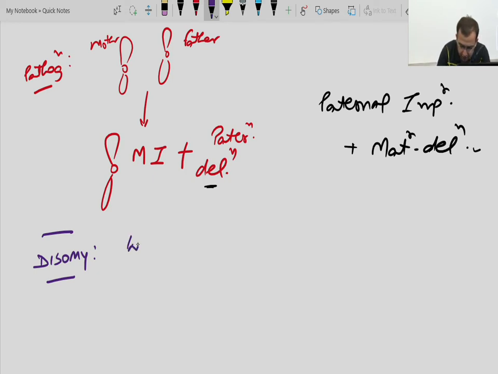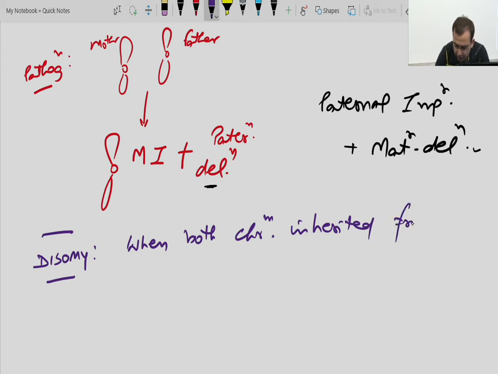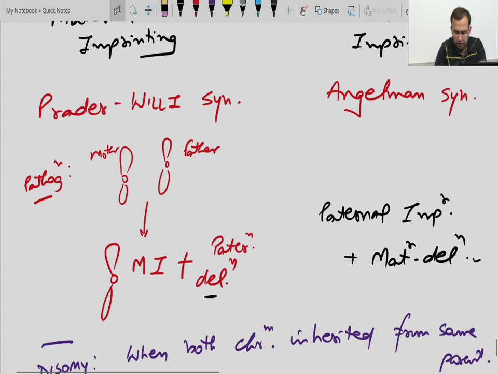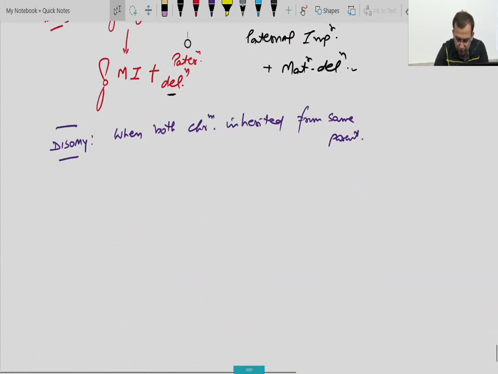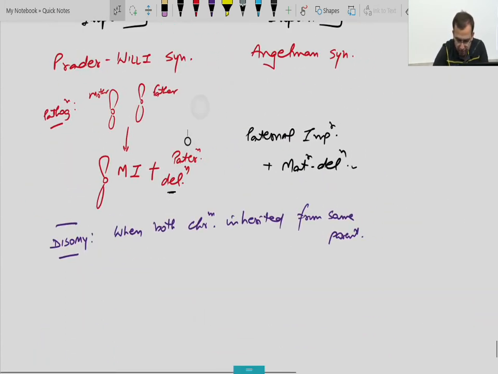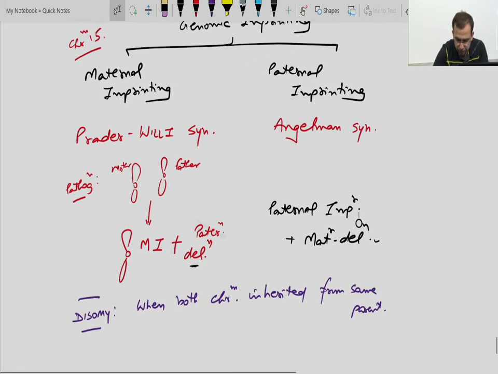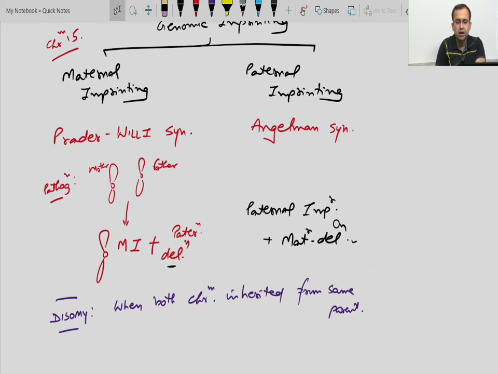The next way of having the disease is by disomy. Disomy is when both the chromosomes are inherited from the same parent. So starting with Prader-Willi syndrome, that was maternal imprinting.